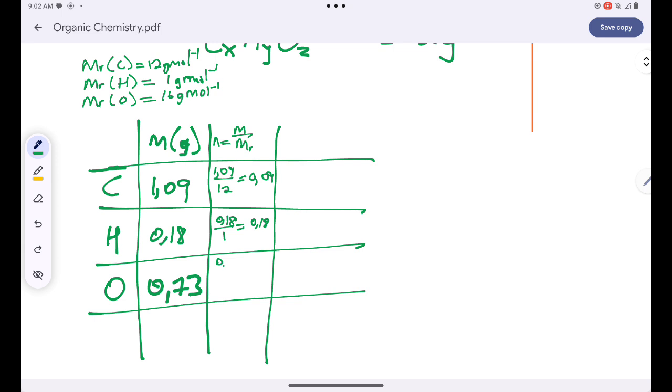And then 0.73 divided by the molar mass, 16 grams, I simply get 0.045.